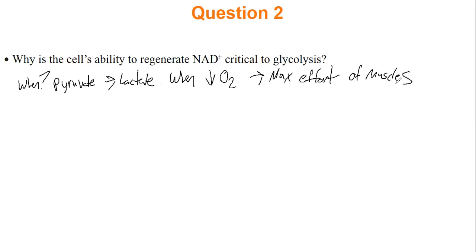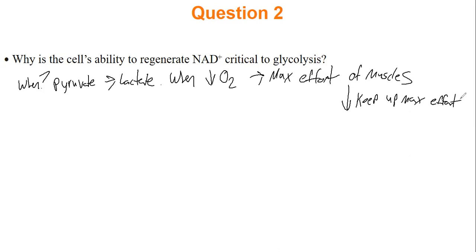We are doing something that uses our muscles a lot, okay? So if we're at maximum effort of our muscles, generally speaking, you want to keep up that effort as much as you can. You're using your muscles for some reason, so you would not want your muscles to just stop working. So you want to keep up maximum effort.